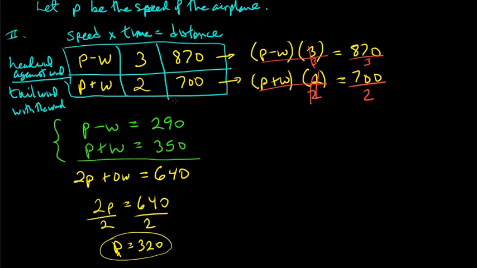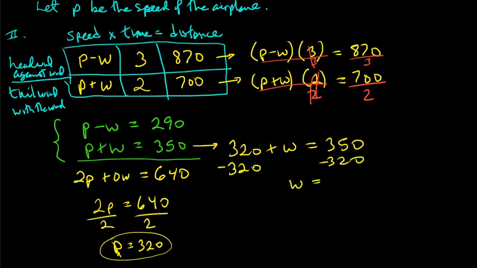All right, what about the speed of the wind? So now we need w. Well, if we know what p is, right, p is 320, then 320 plus w is 350. So to get the speed of the wind, to get w, let's subtract the 320 from both sides. 350 minus 320 is just 30.